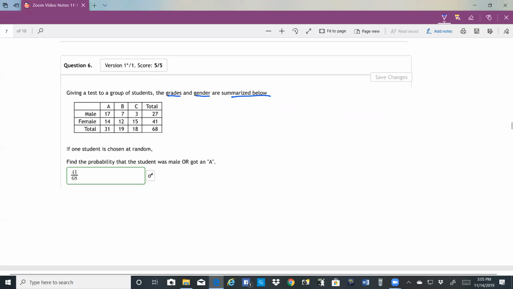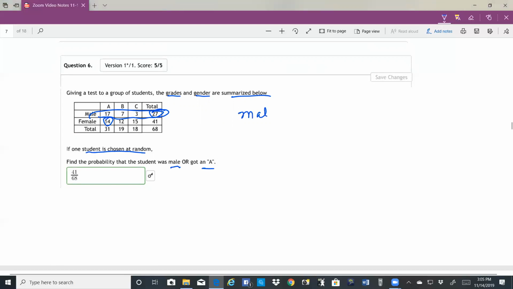We want to figure out the probability that if one student is chosen at random, find the probability that the student was male or got an A. Well, there were 27 males, which also included 17 that got an A. And there were 14 females that got an A.